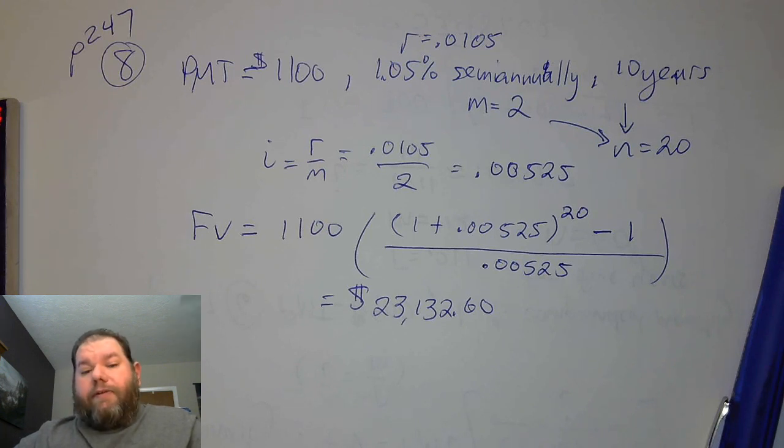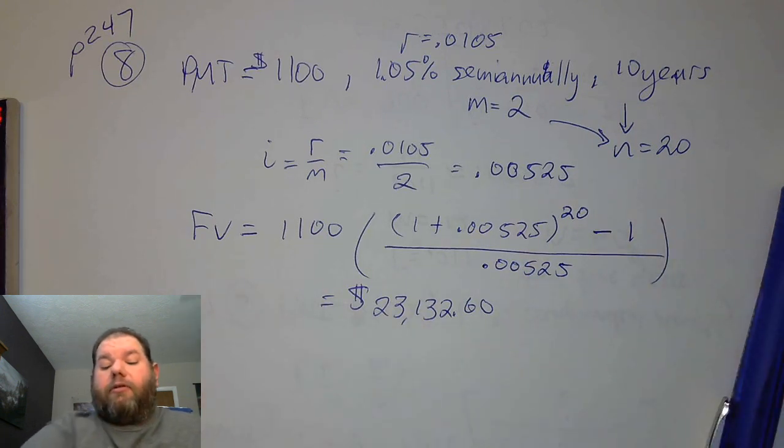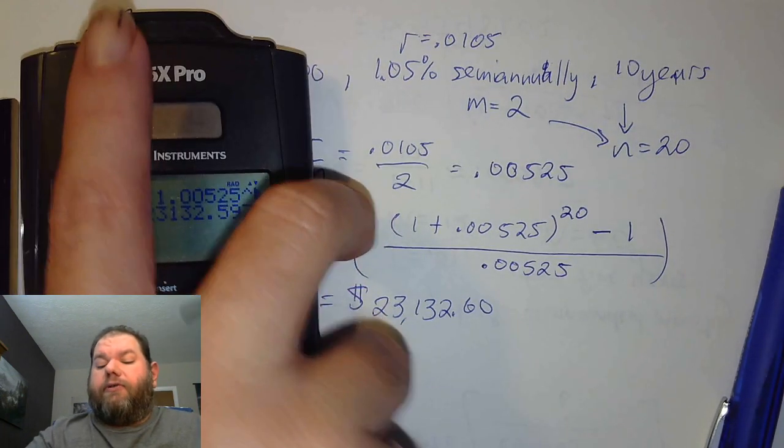Now that's actually less than the last time, even though this is over a 10-year period, because in this case we're only depositing 2 times a year rather than 12 times a year, because the problem 6 we looked at was monthly. This one being semi-annually, we've only made 20 payments total of $1,100.